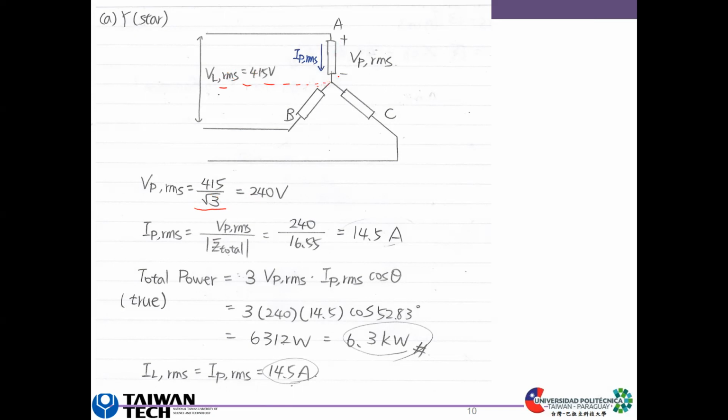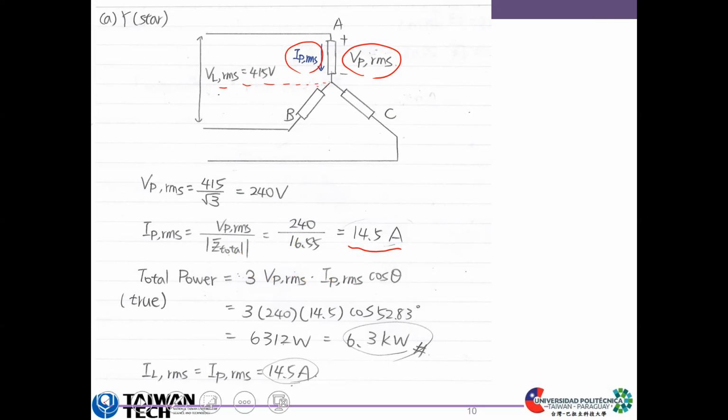Since we know the phase voltage, dividing by the amplitude of the load gives the phase current. Once we find the phase voltage and phase current, we can apply the total power formula, which is 3 times VPRMS times IPRMS times cosine theta. And theta is the phase angle of the load.